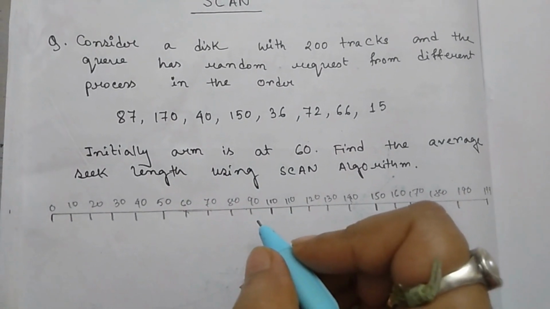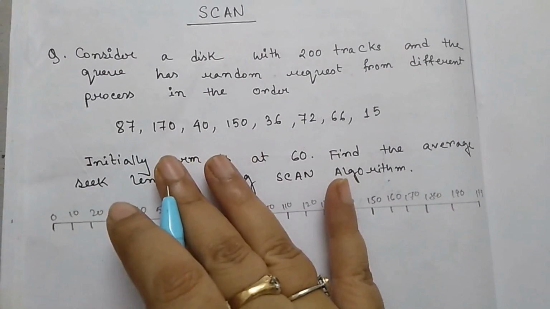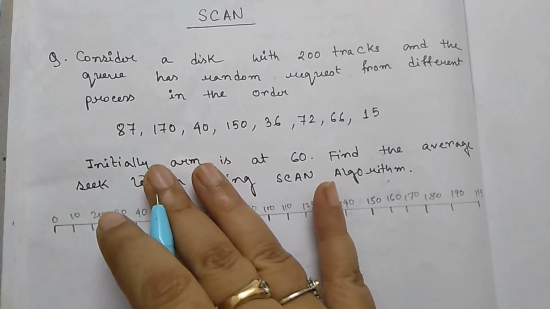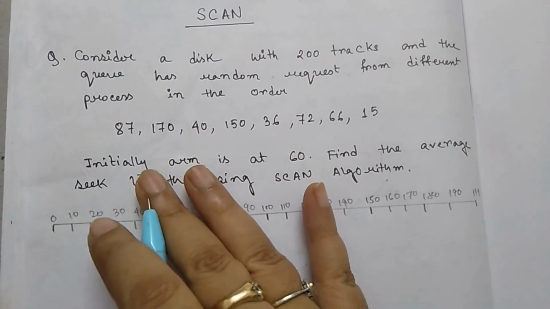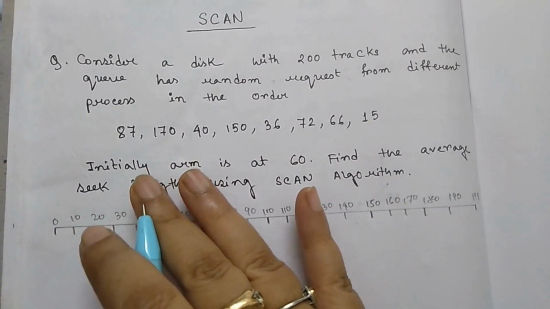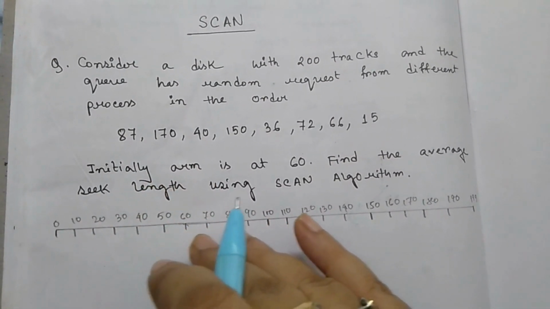Up to this point, the algorithm is similar to the SSTF algorithm, but another important thing is added: when we consider the nearest value, it moves in only one direction.